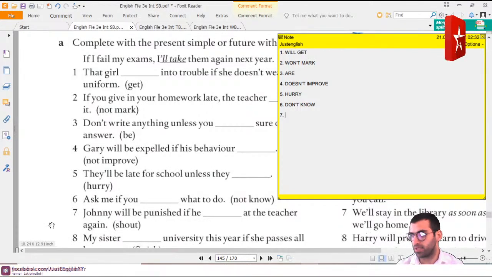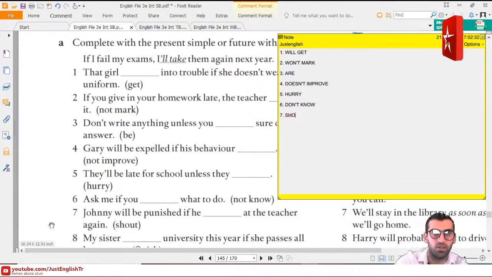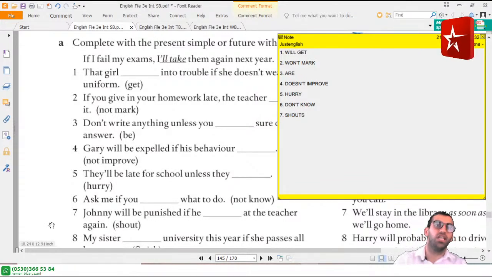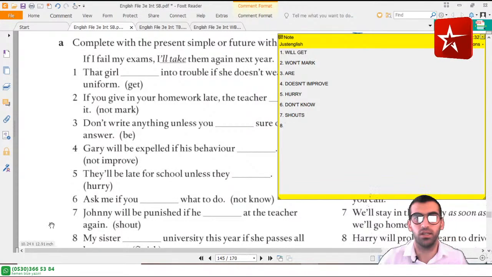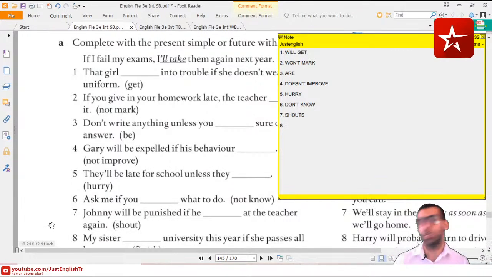It's not correct, Mr. Mehmet. Be careful with your verb. Rana, your answer is not correct. Fatima, your answer is not correct. Just Pelin and Minever's answers are correct. Shouts, because he shouts, not shout. For he, she, and it, we add s.